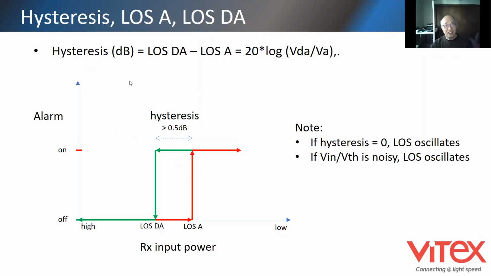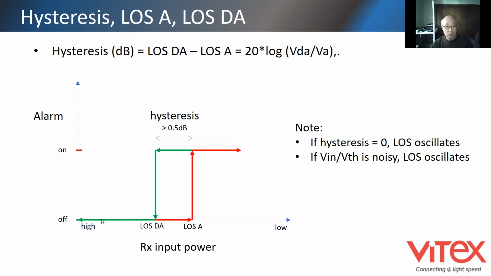And here's a little explanation of the LOS deassert and LOS assert. On this curve right here, the y-axis is the alarm, which can be on or off, and on the x-axis is the input power. Now let's go from the high power to the low power.